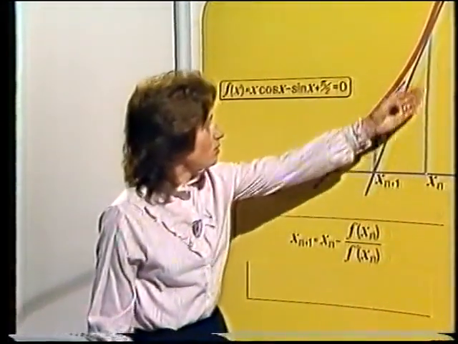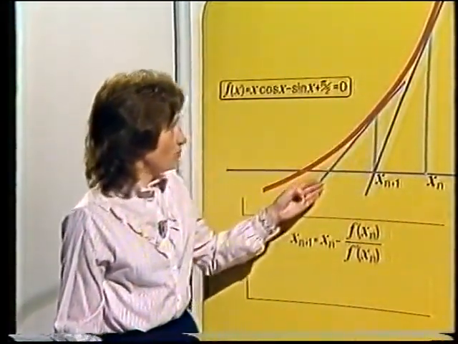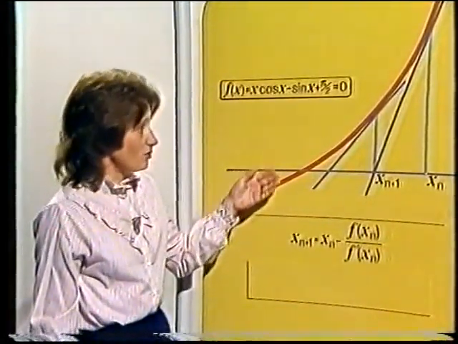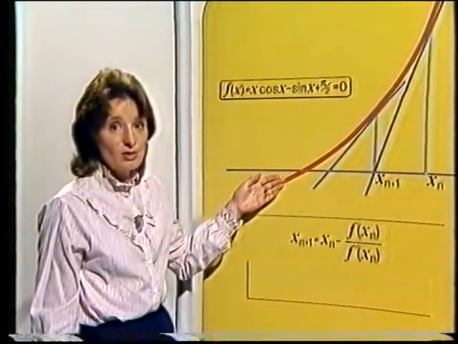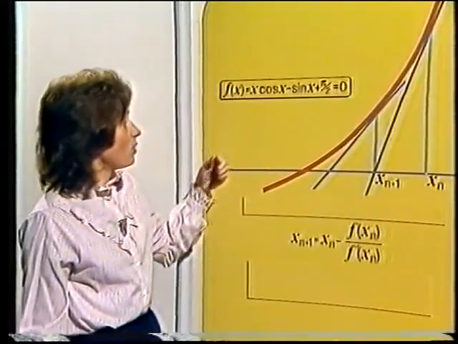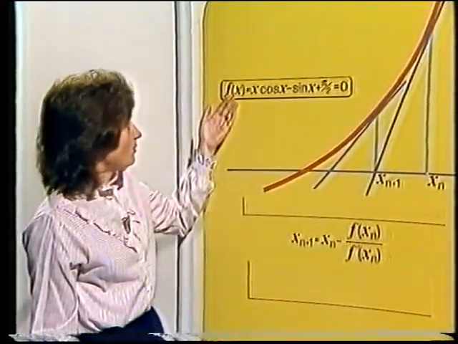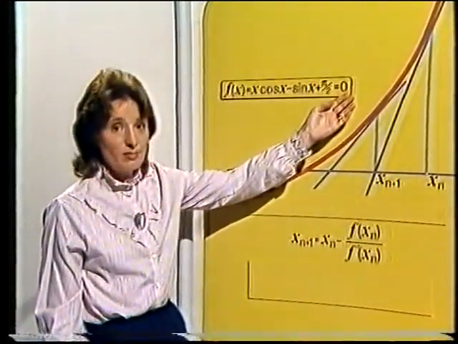So that was what was happening for our goat function. But in fact, this could be the graph of any function, and the argument applies equally well for any function f of x is equal to 0.